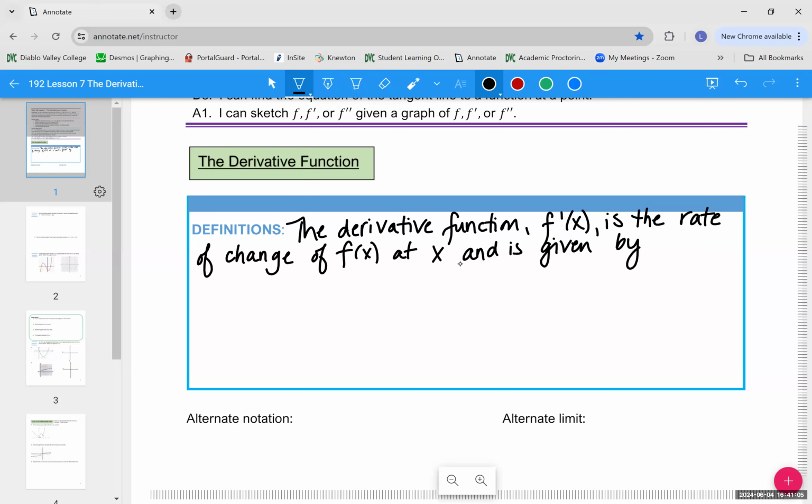Let me put a derivative notation in front of that. So f prime of x is equal to the limit as h approaches 0, and we just don't have an a in this situation since we're doing it at a general x. So we just replace what used to be an a with an x, when this limit exists.